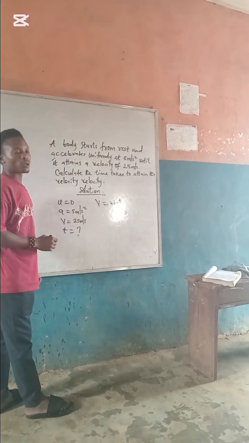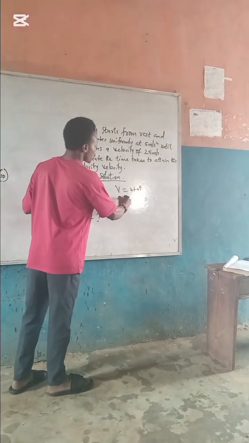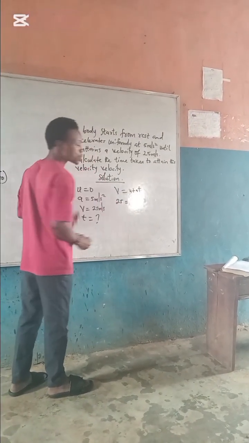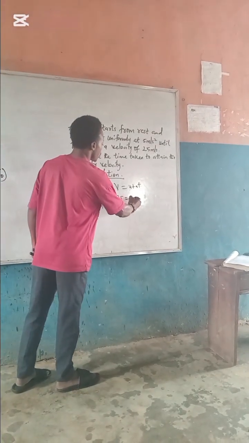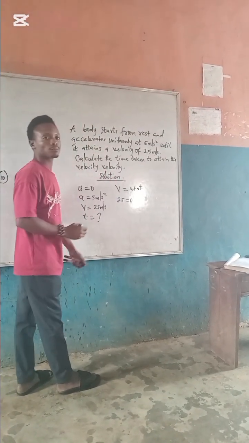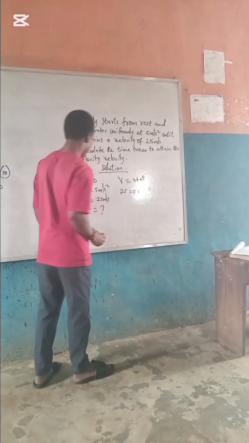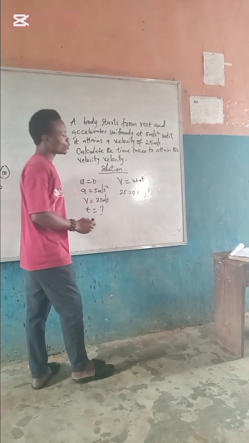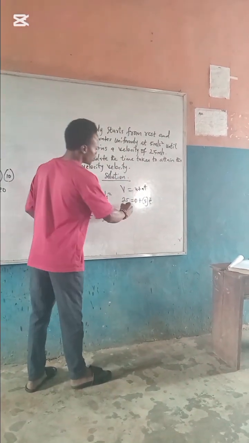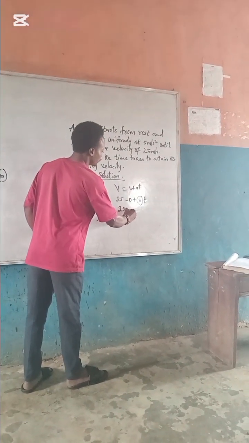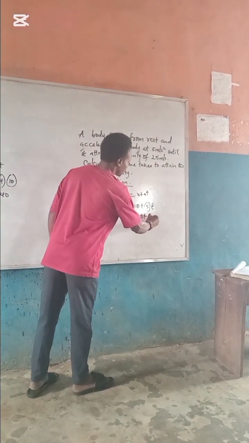This time around, we're looking for the T. So the V is 25, is equal to, we have that the U is 0, plus A is 5. That is the acceleration. And your time is not given, T. So from here, we have that 25 is equal to 5T.